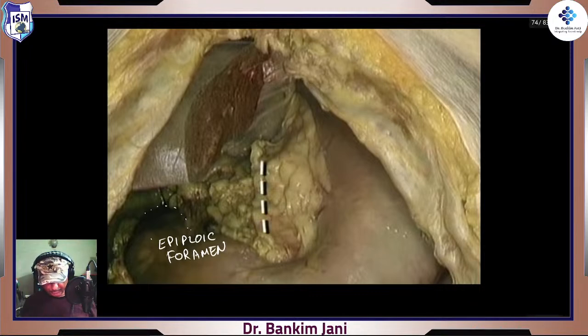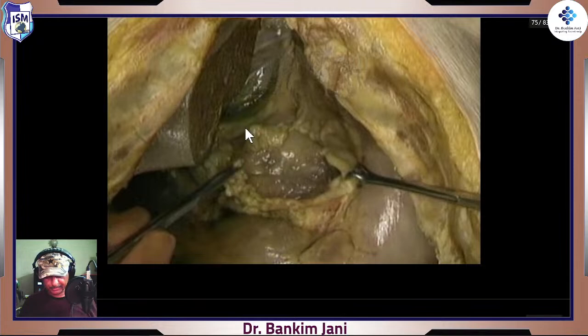And via this, when we put a nick, here it is. And when we peel it, when we open it this way, this way, we are entering into the lesser sac.